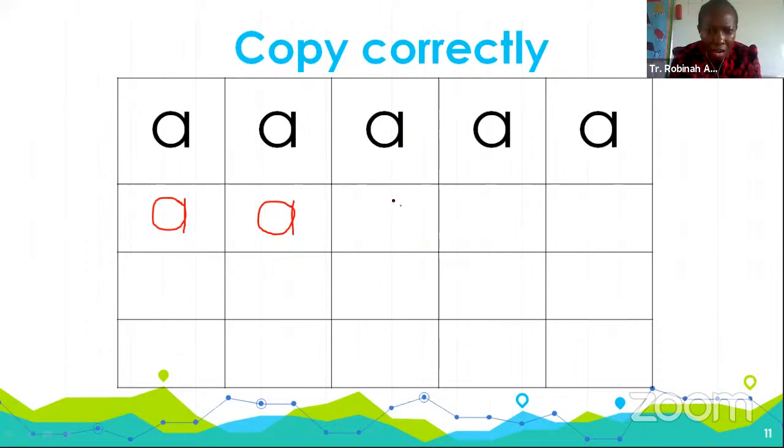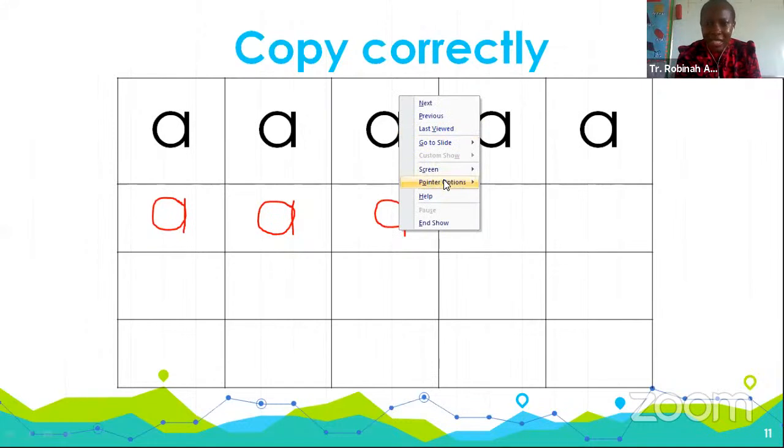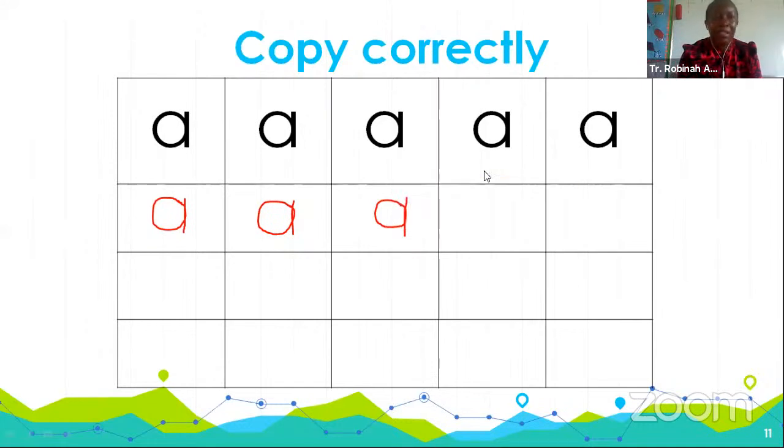You drop a ball, it goes round and round. Then you put a standing line. I want to see those who are writing sound ah. Let me find out whether you are writing sound ah.